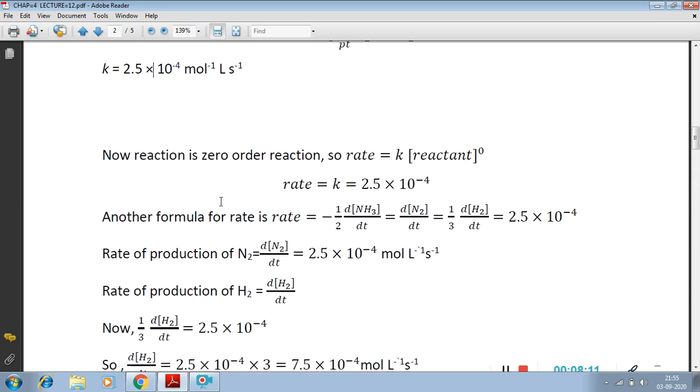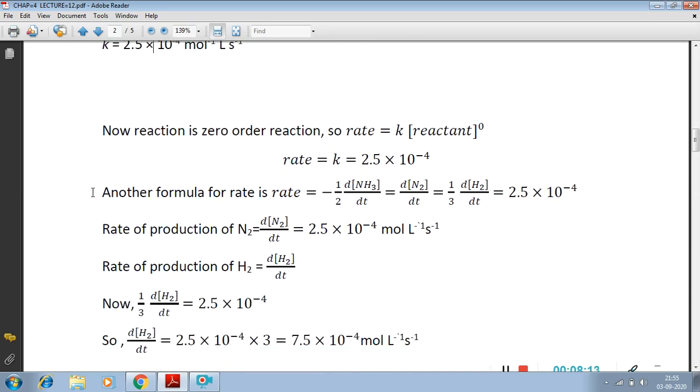Now another formula for rate is minus 1/2 into rate of degradation of NH3 is equal to rate of formation of N2 is equal to 1/3 into rate of formation of H2.